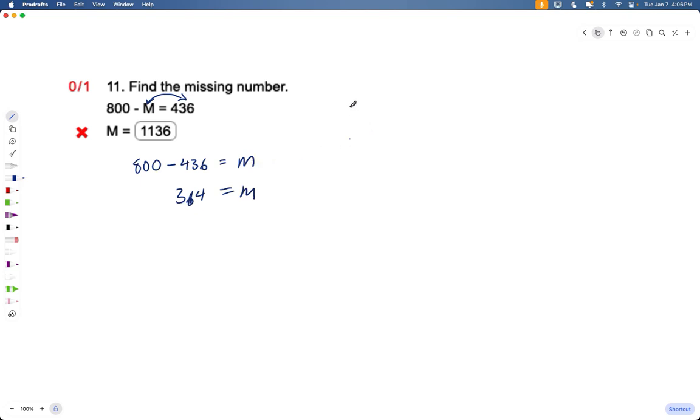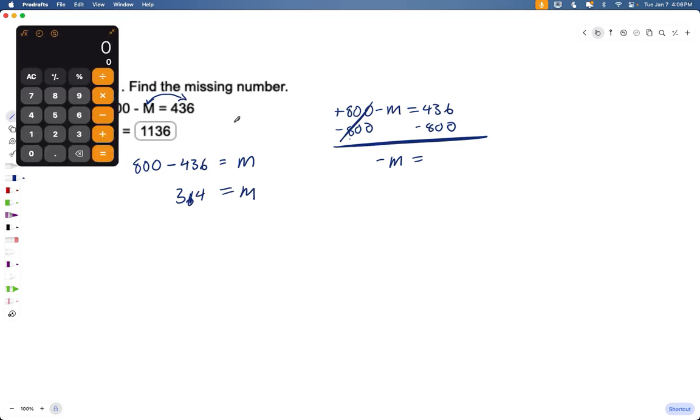If you do it the algebraic way, we subtract 800 because we know this is a positive 800, so we do the opposite. This cancels. We have a negative m because you can't get rid of the negative sign. And then we would have 436 minus 800 is negative 364.